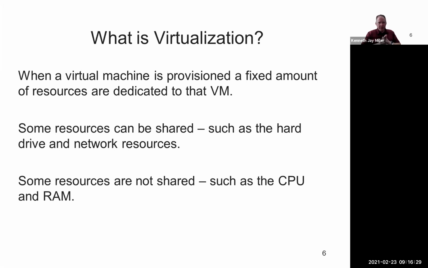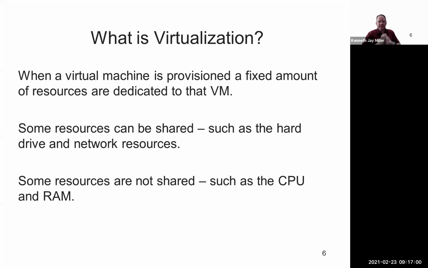We cannot say, I'm going to give this machine 16 gigs and this other machine 16 gigs and a third machine 16 gigs and turn them all on, because I don't have 48 gigs of memory. I only have 32. So we have to manage that, because they cannot share the memory.